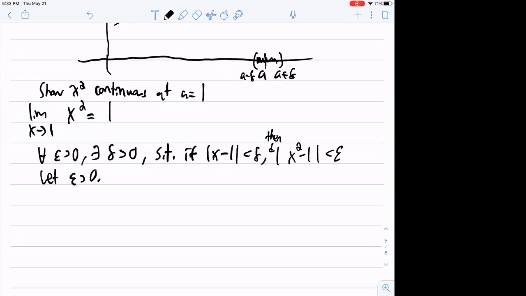So let's do scratch work, let's try bounding, let's try to figure out what delta is. I need to somehow relate x squared minus 1 to x minus 1, right? Because delta lets me control x minus 1. So how am I going to relate x squared minus 1 to x minus 1? Any ideas?